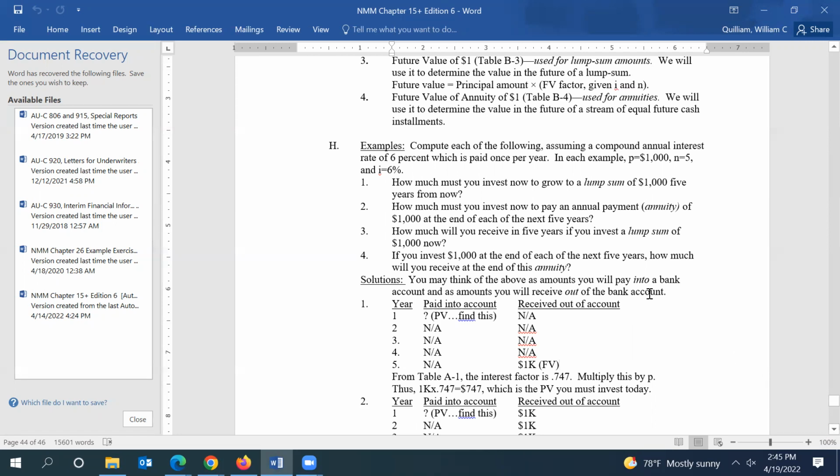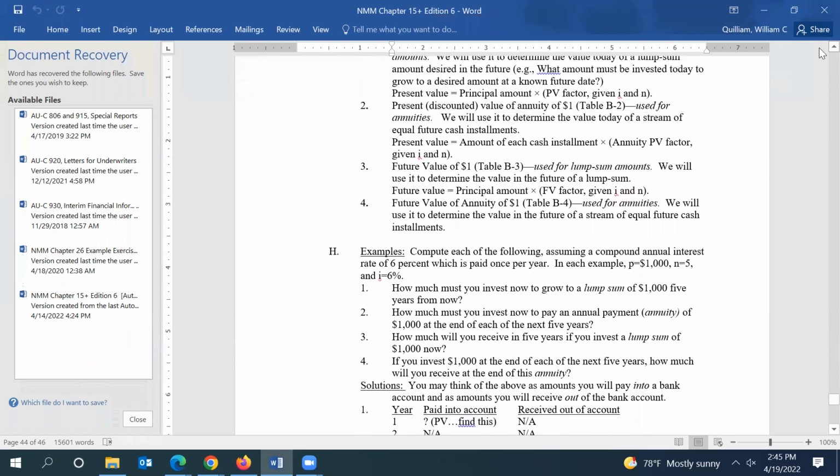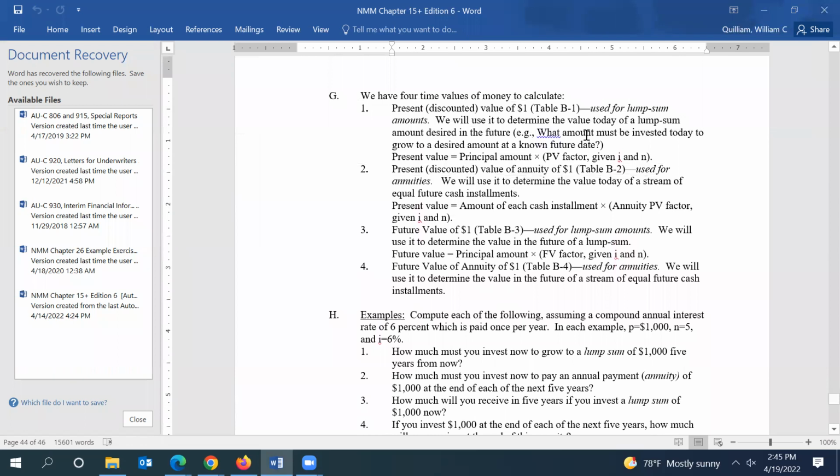All right. Now, let me come back up to G and look at number 2. I'm going to do the same thing now for an annuity. So the present value or discount value of an annuity of $1. And I'm saying that because these interest factors correspond to a principal of $1.